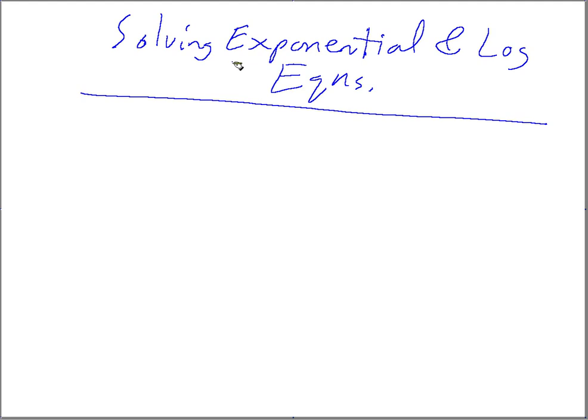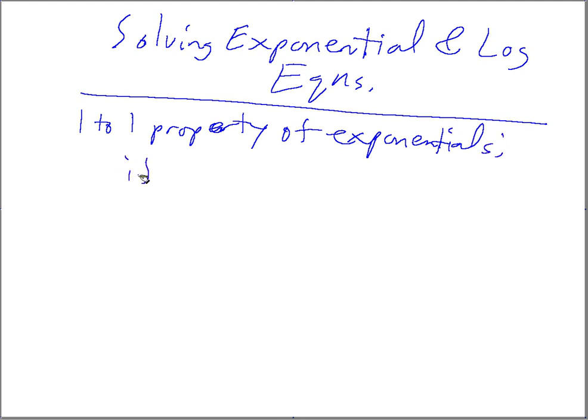Now the key here is that we have to take advantage of the one-to-one properties of both of these actually, right? So let's take a look at the one-to-one property of exponentials. Here's what I mean by that.